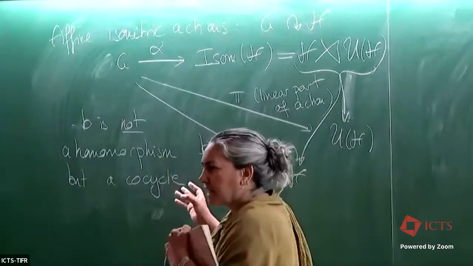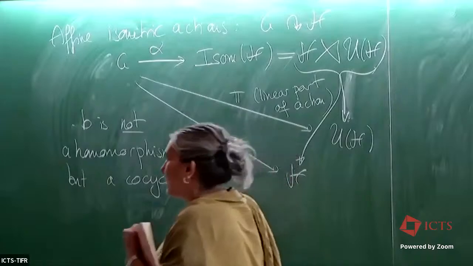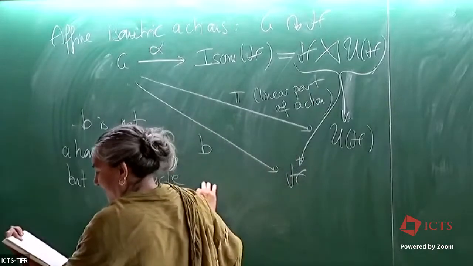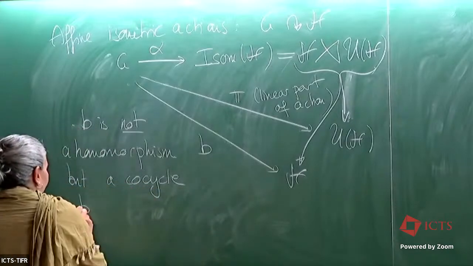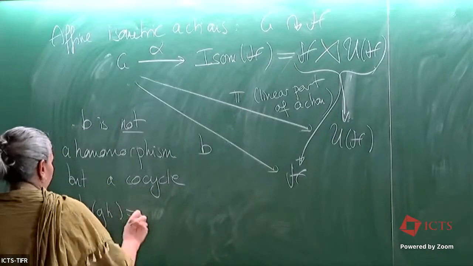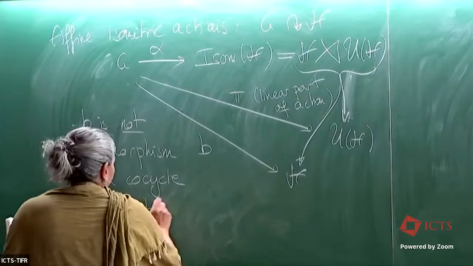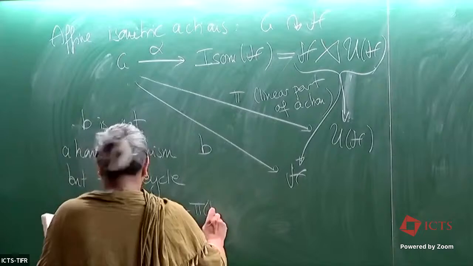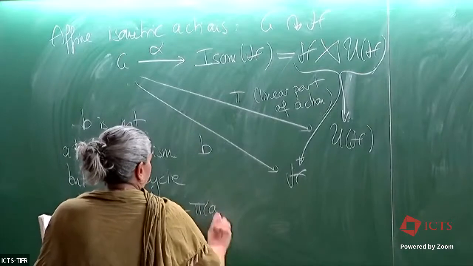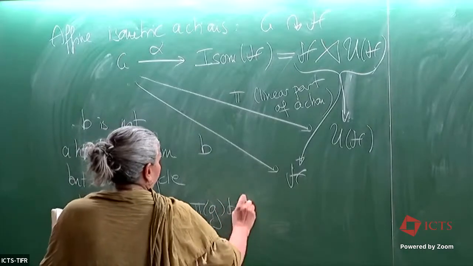I'm not going to go into the theory, but I'll tell you just the definition: it satisfies B of gh is equal to B of g plus pi of g applied to B of h.